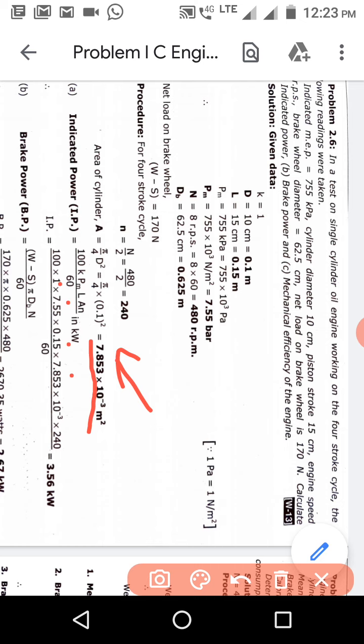So n is equal to n by 2, and speed of the engine is given, that is equal to 480.